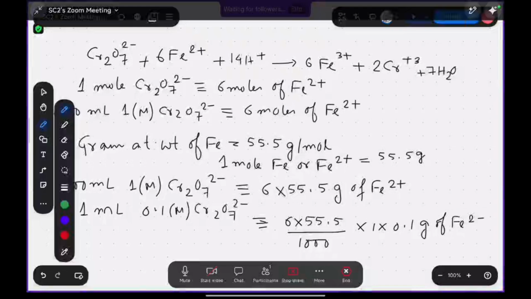I am giving you some time, solve the sum. It is 6 into 55.5 into 0.1 into 1. You don't have to take the 1 though. Divided by 1000.